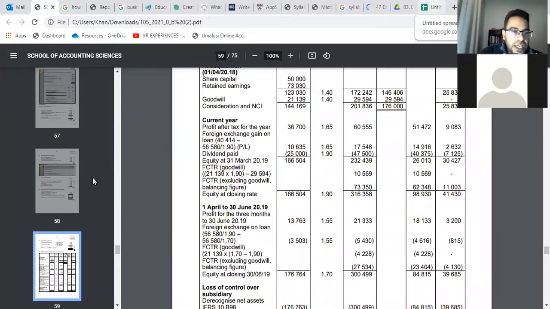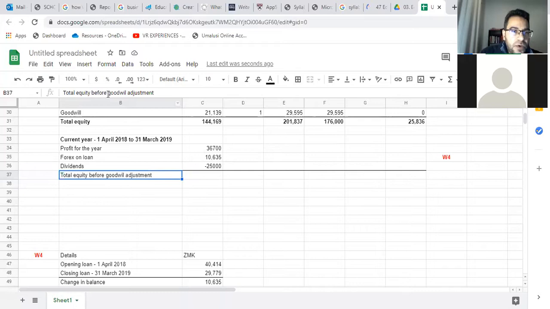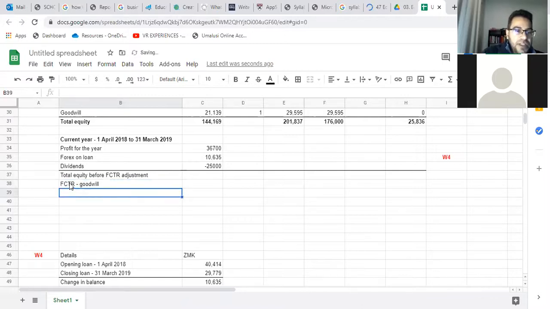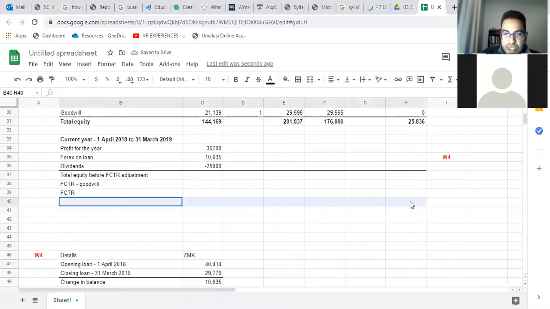So it is equity before FCTR. And now we're going to have FCTR. You can have two types of FCTR: FCTR goodwill, and FCTR just everything else. Okay, so you don't have to put anything else. FCTR everything else, and this is going to give us total equity.